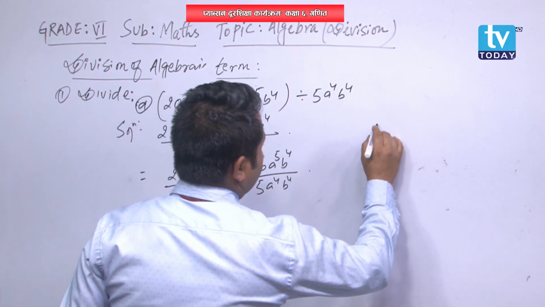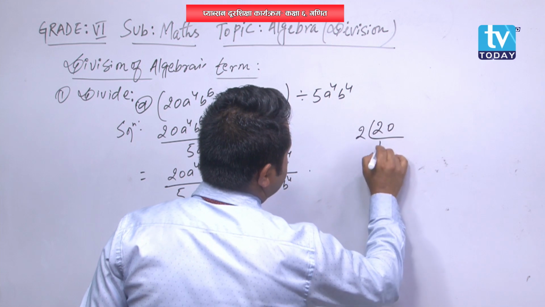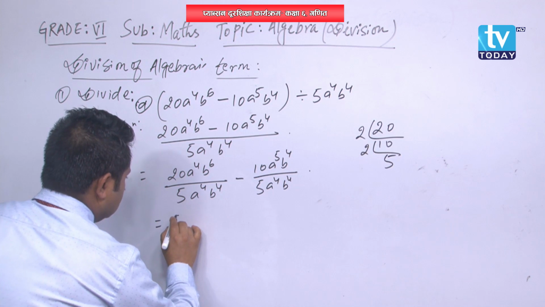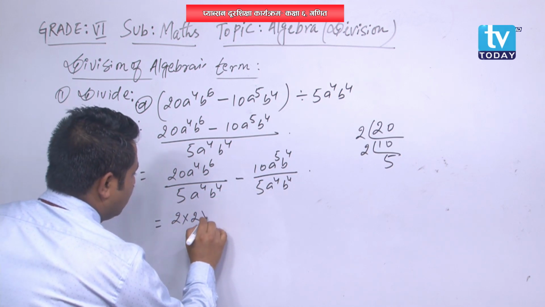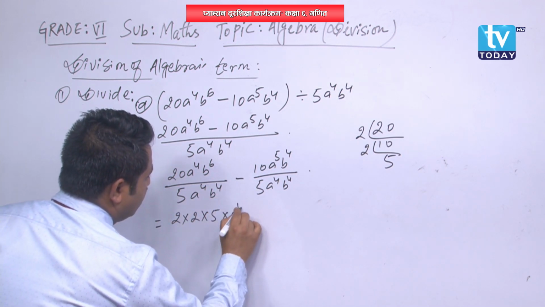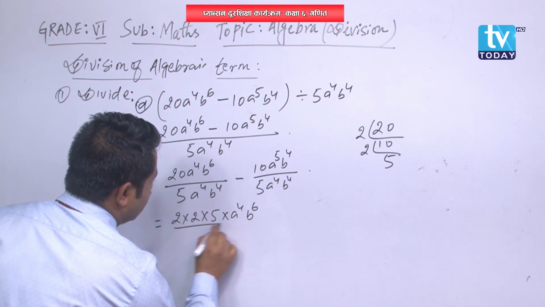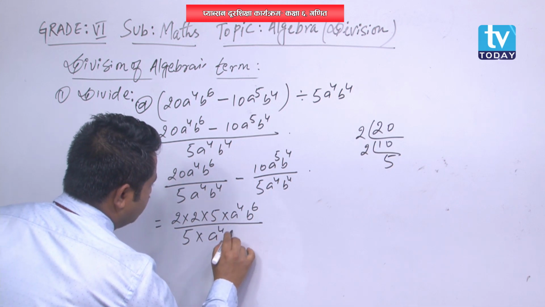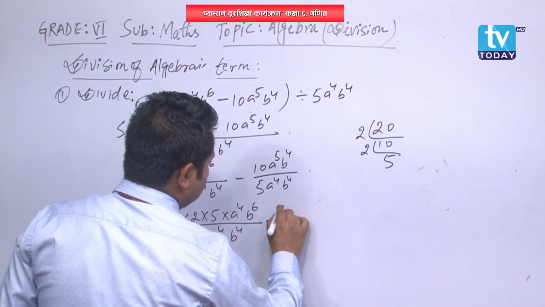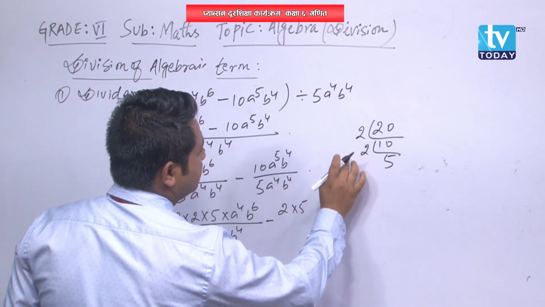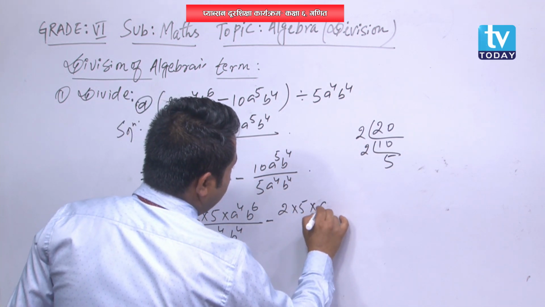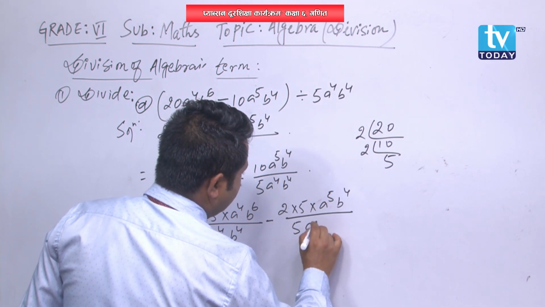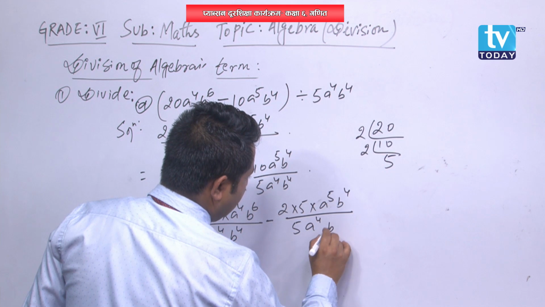Now, please find the factor of 20. 2 tens are 2 into 2 into 5 into a to the power 4 b to the power 6 upon 5 into a to the power 4 b to the power 4, minus 2 into 5 tens, 2 into 5 tens into a to the power 5 b to the power 4 upon 5 a to the power 4 into b to the power 4.